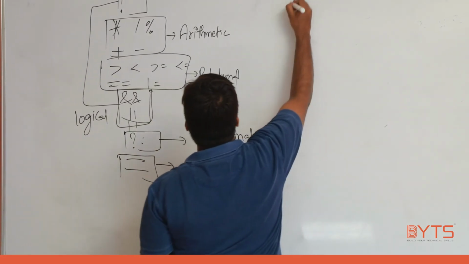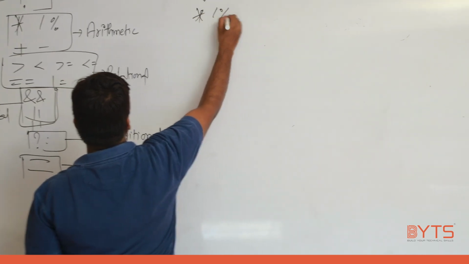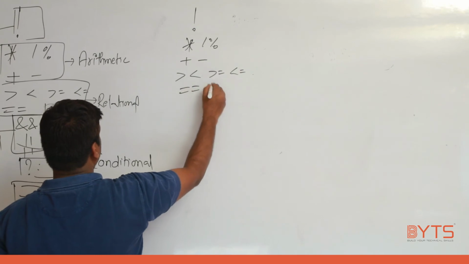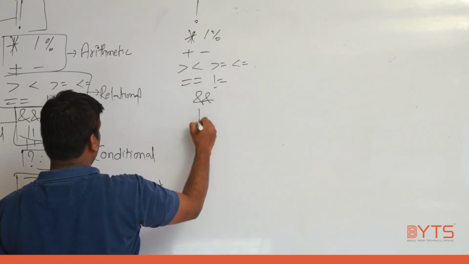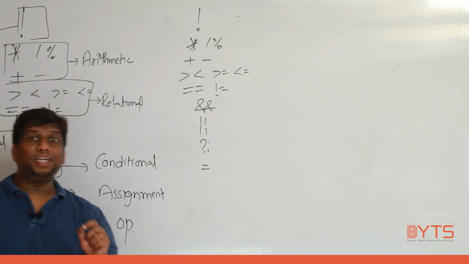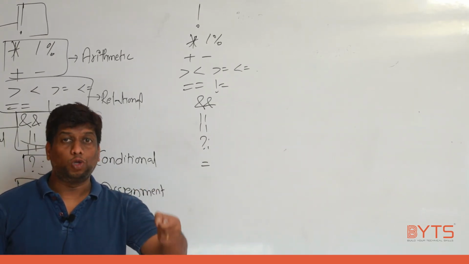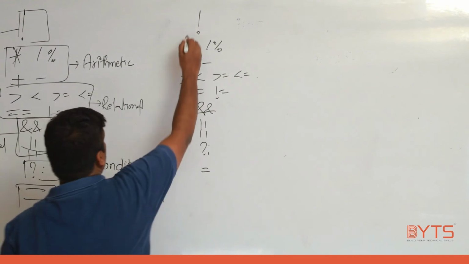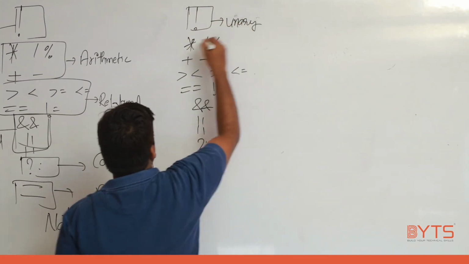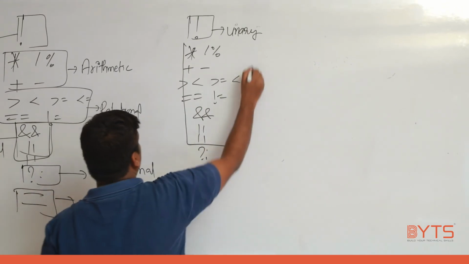Here, not, multiplication, division, modulus, addition, subtraction, greater than, less than, greater than equal, equals, not equals, logical and, logical or, conditional, assignment. Now understand, based on the number of arguments, this will take only one. That is the reason it is called unary. These all will take how many?